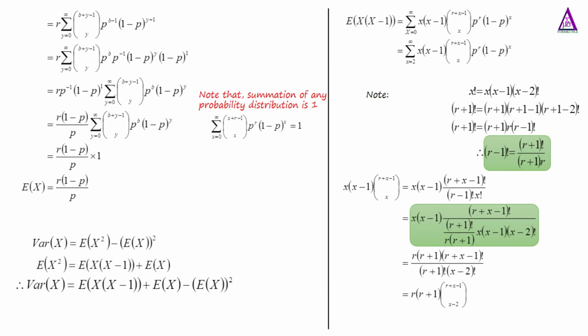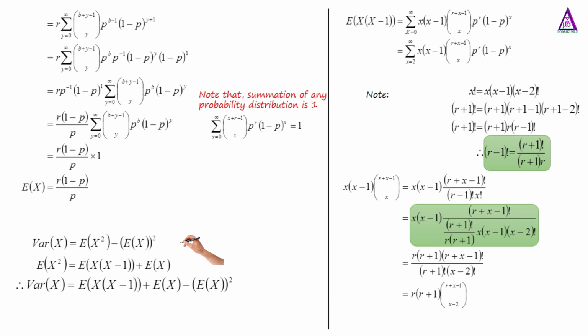Variance of the negative binomial. And we know that the variance of x equals the expected value of x squared minus the bracket expected value of x, everything squared. And we know that we can expand the expected value of x squared as the expected value of x into bracket x minus 1 plus the expected value of x.